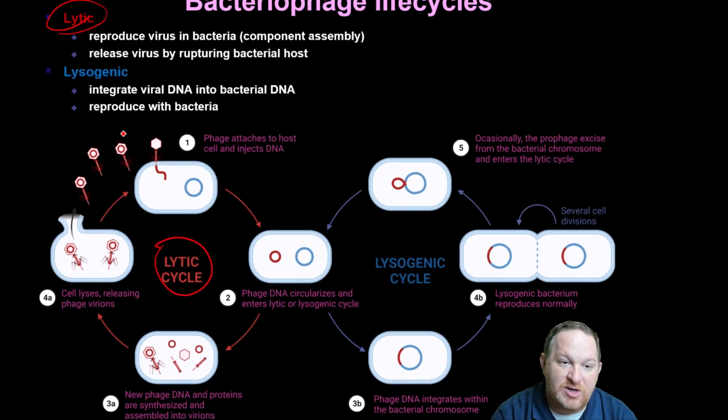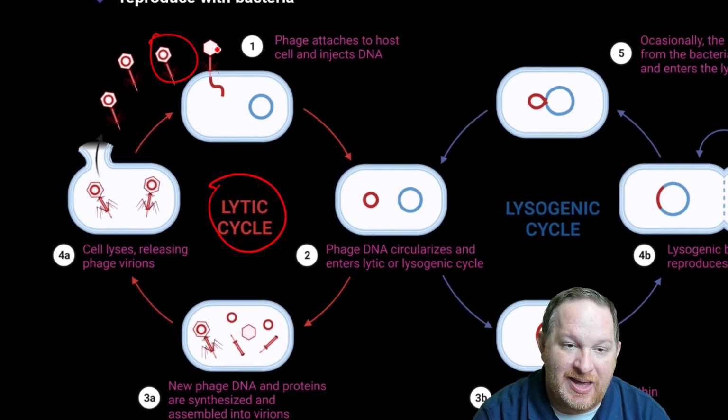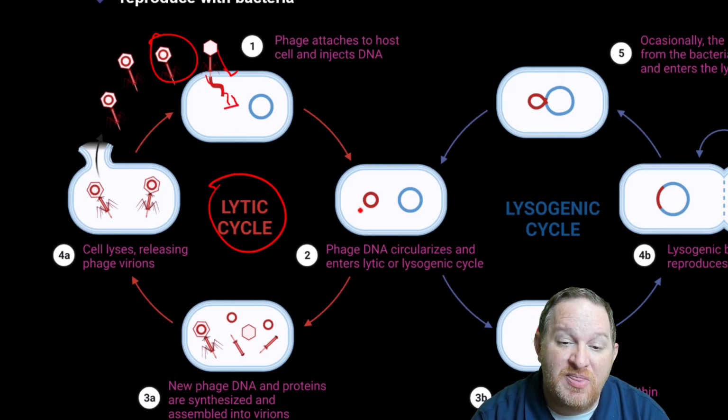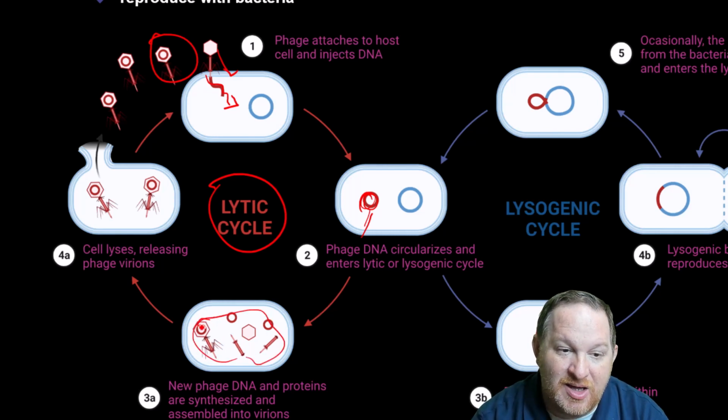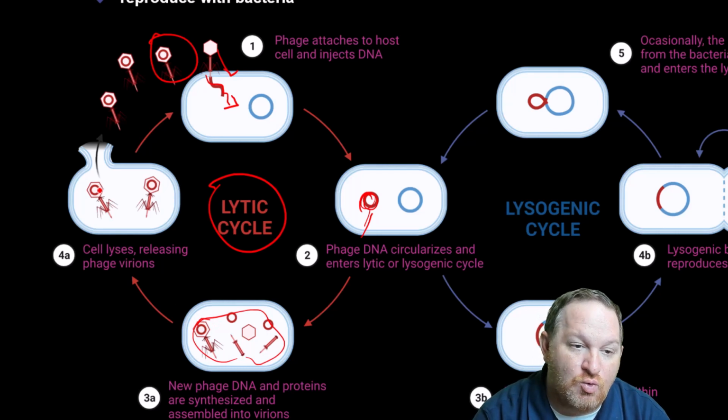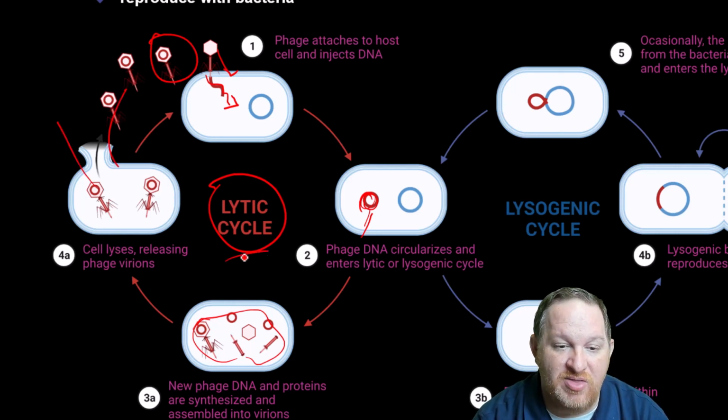One, you get these phages, they land on a bacteria, they inject their genetic material into the bacteria, then the bacteria takes that genetic material, right, transcribes it, translates it, makes new viruses. Those viruses assemble, rupture the cell as they leave. That's why we call it the lytic cycle.